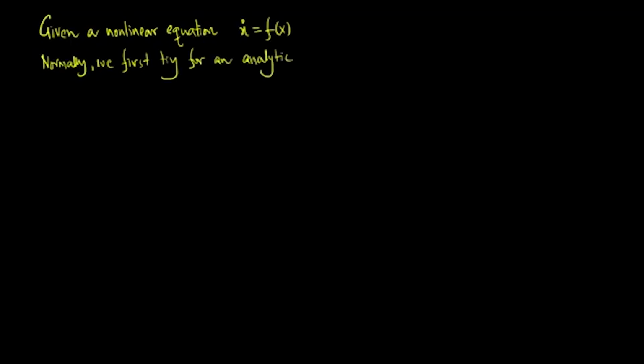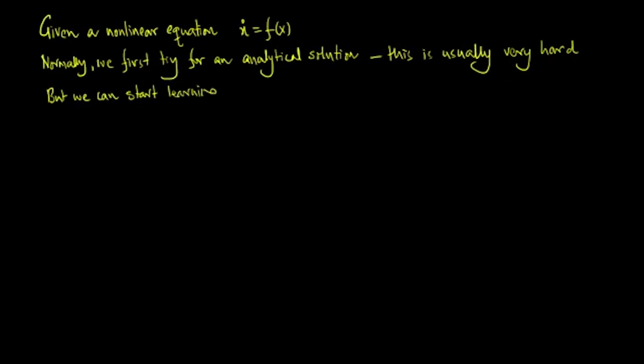Now, given a nonlinear equation x dot is equal to f of x, normally we first try and look for an explicit analytical solution. This is usually very hard, but we can start learning about the equation using geometric methods.